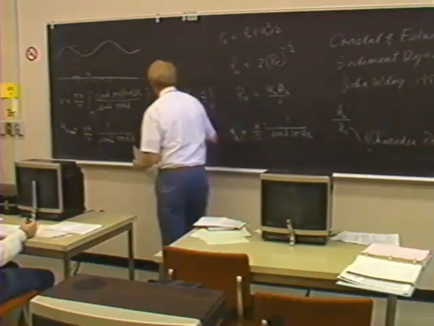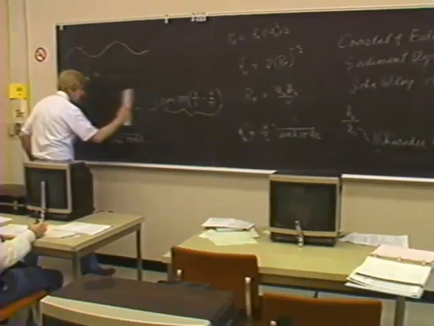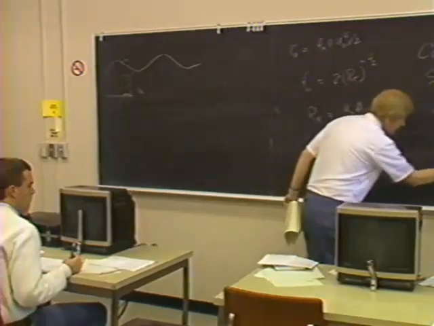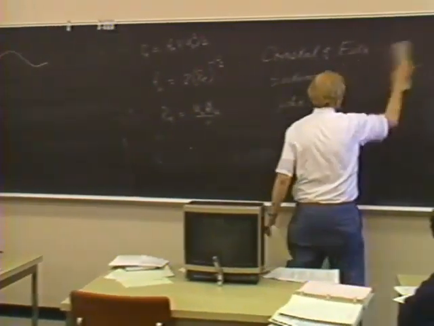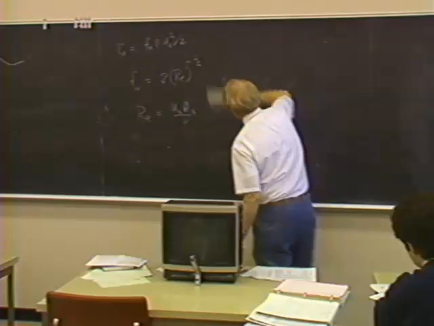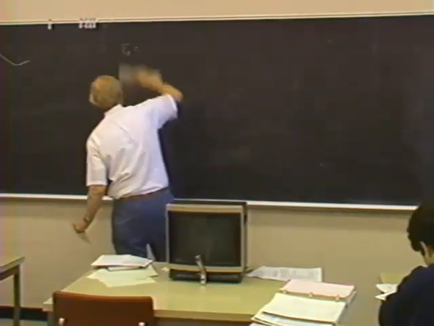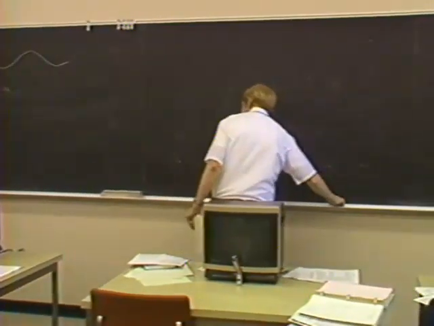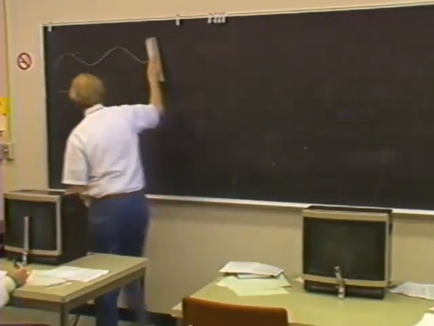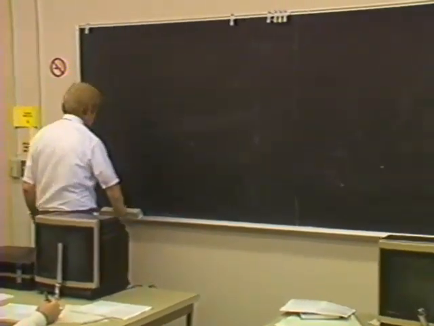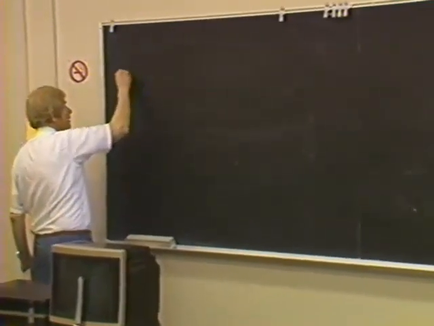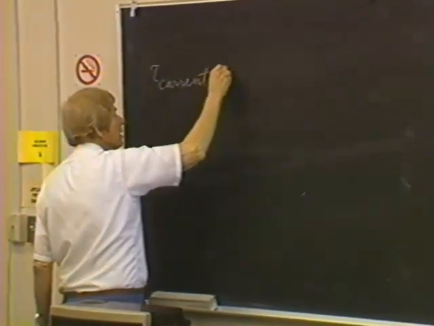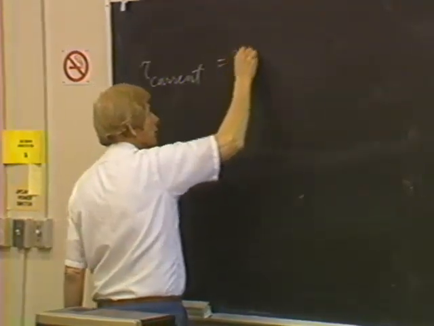Well, there remains a problem, and that is, suppose that you have currents and wave action. Typically, when you have a current, at least in the boundary layer, you can say that the shear stress due to a current is equal to rho u star squared.